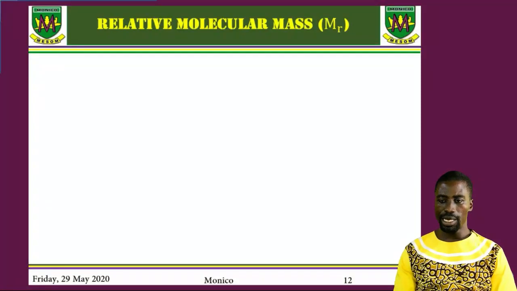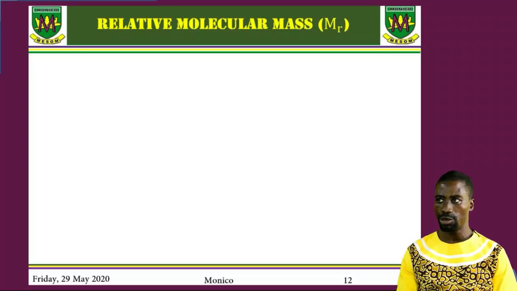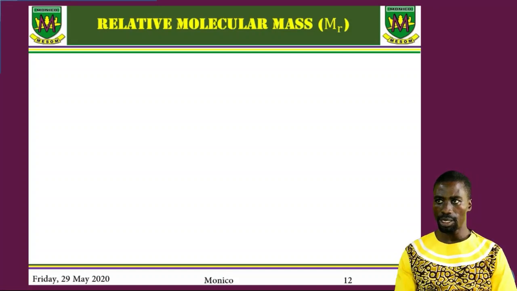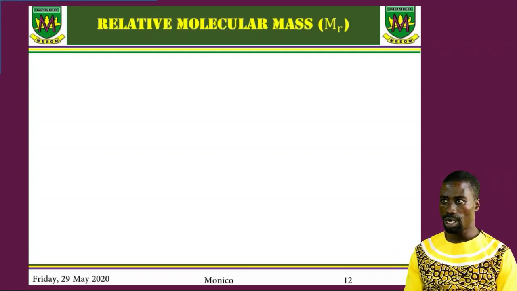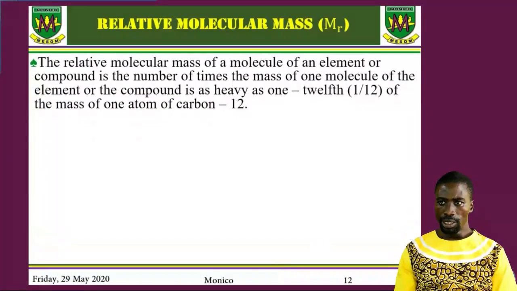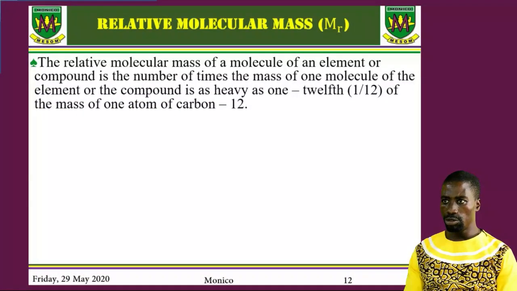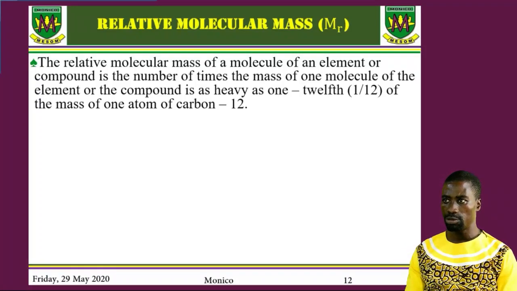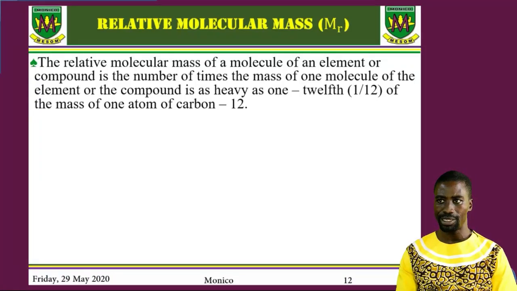I told you in the beginning that we'll look at relative molecular mass in detail. So here we are going to look at relative molecular mass. As I told you, once you see relative, it means we are making a comparison with a particular reference material.